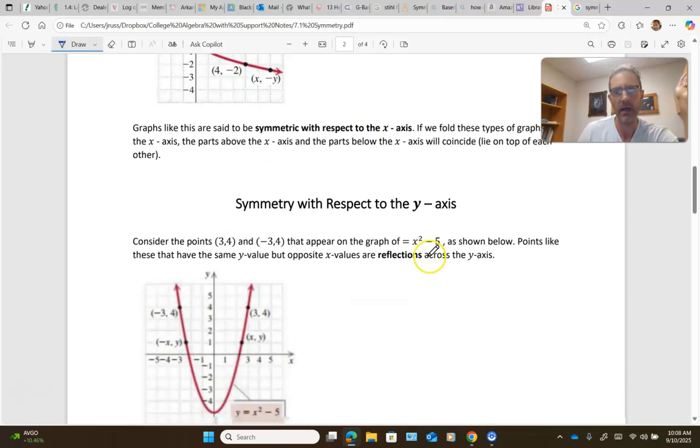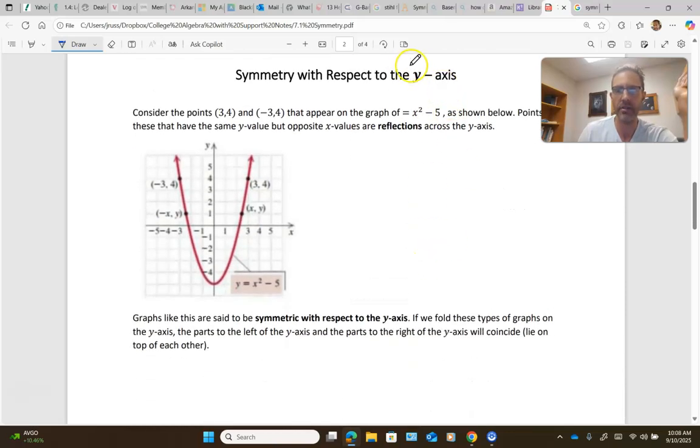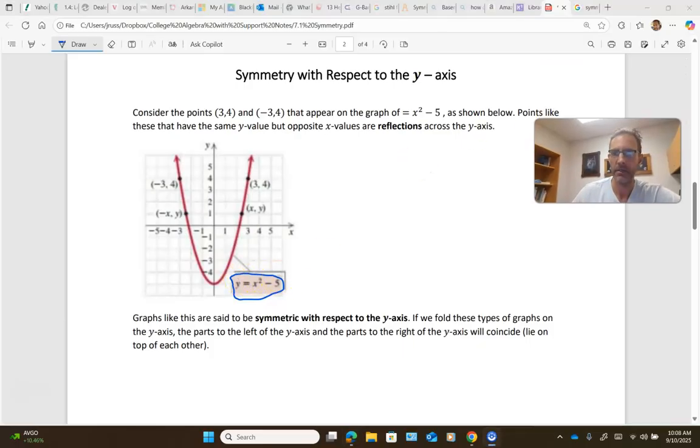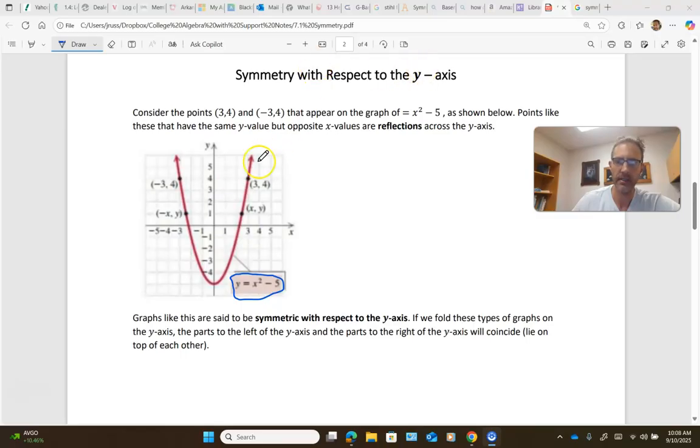Okay, all right, and then the other type, and functions will have this type, y-axis symmetry. Okay, and so we see here, this is a quadratic function, isn't it? It's a quadratic polynomial. Y equals x squared minus 5. Okay, so this is similar to x-axis symmetry, except the opposing or mirror points, the y coordinates are the same.